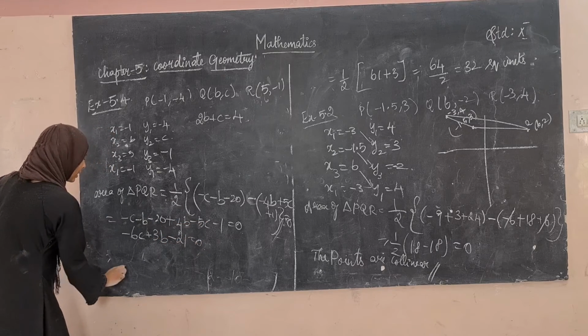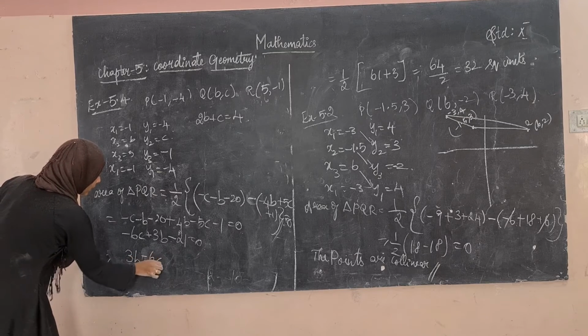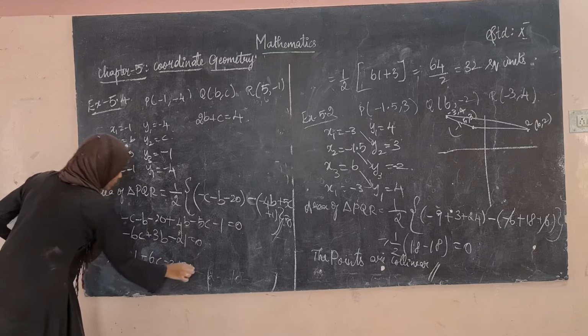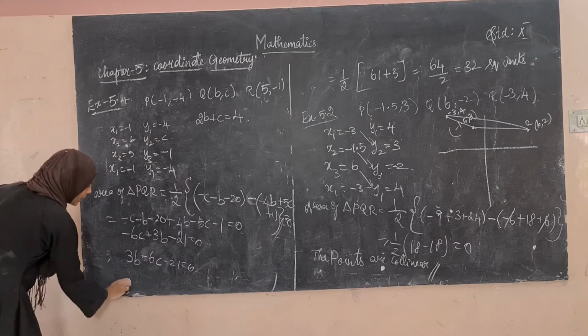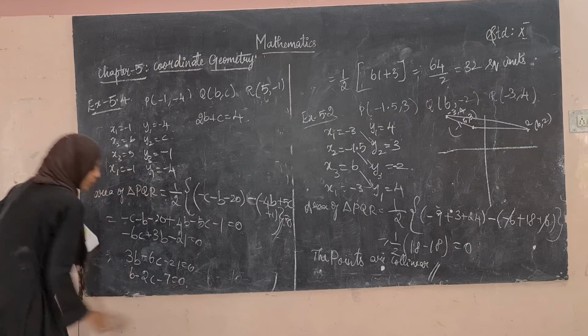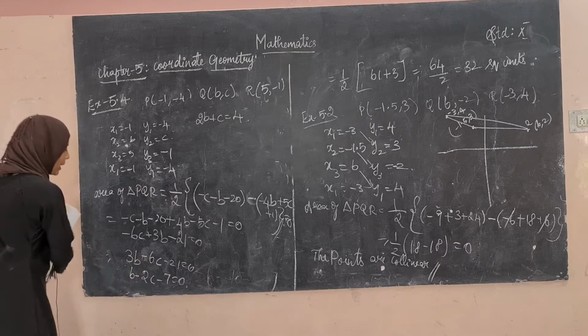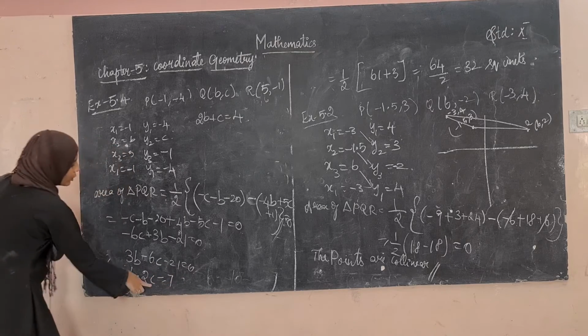So this can be written as 3B minus 6C minus 21 equal to 0. Yes, so dividing throughout by 3 we get B minus 2C minus 7 equal to 0. Bring this 7 to that side: B minus 2C equal to 7.